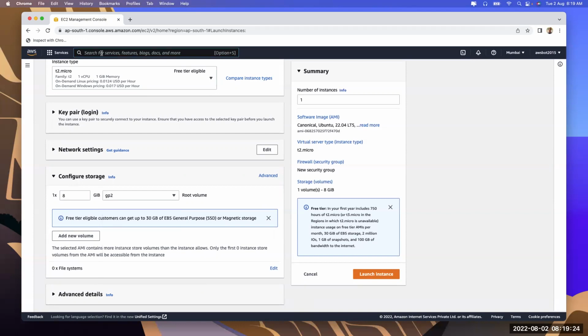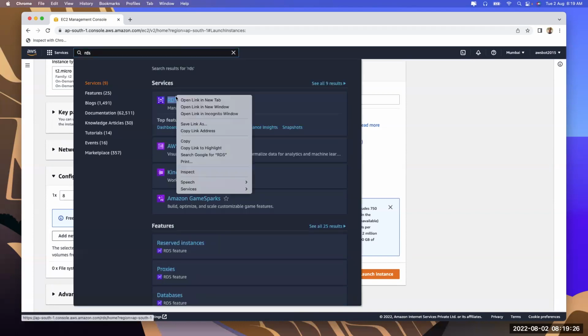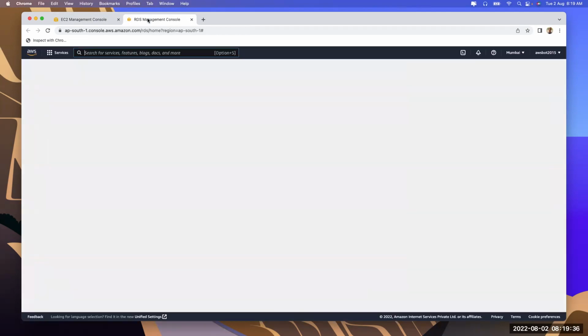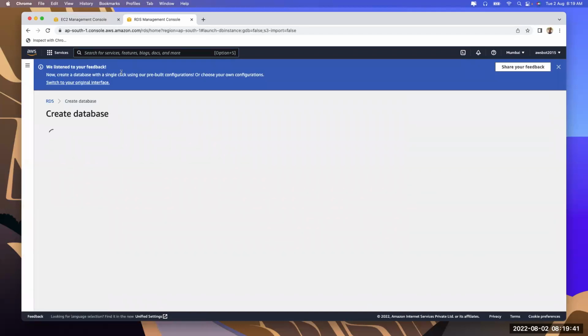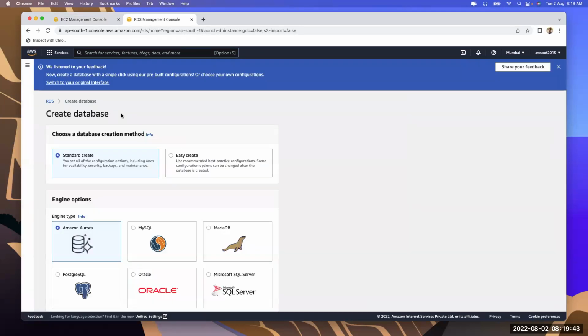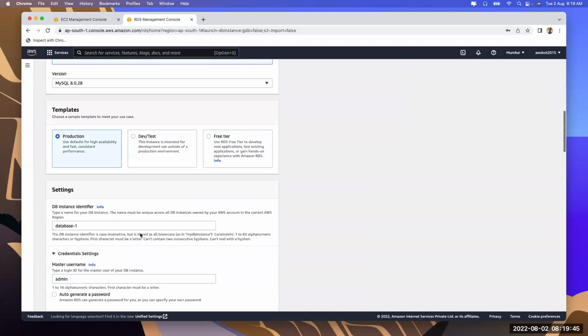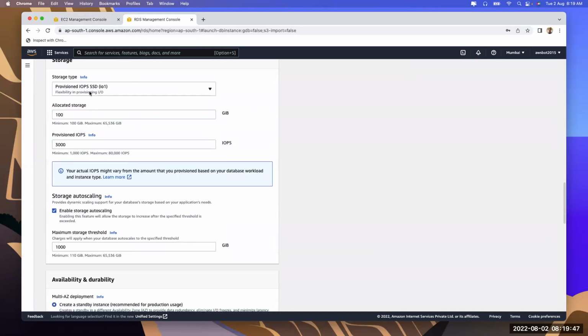By the way, if you forgot, we had already seen this inside RDS, relational databases, where we wanted to create a specific database of any database type, and it asked you what storage type you need: GP2, IO1, magnetic.